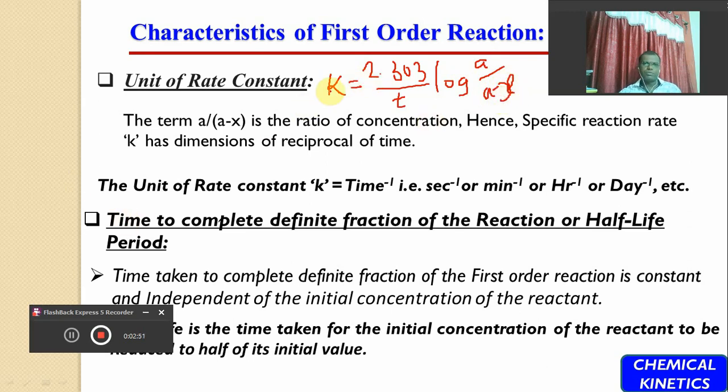With the help of this equation, we are going to predict the unit of rate constant for the first order reaction.